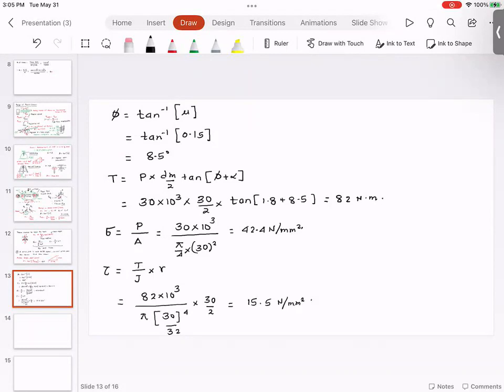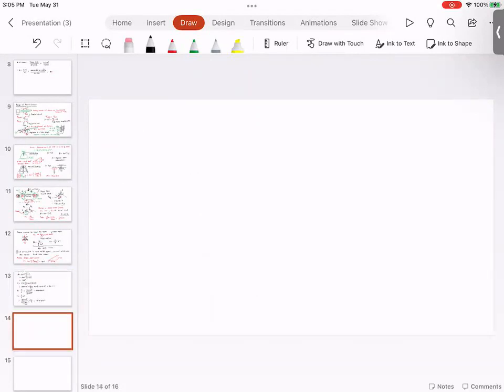And since I have the normal stress and the shear stress, I need to find out the principal stress. Sigma P is equal to 1/2 of sigma n plus square root of sigma n square plus 4 times tau square.